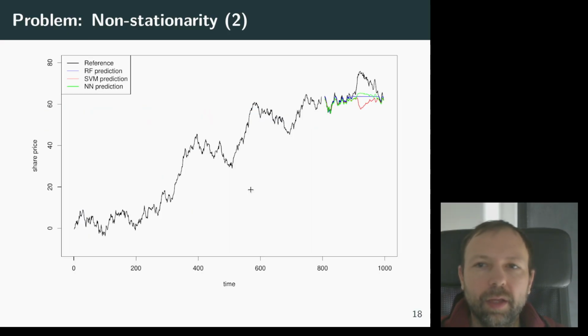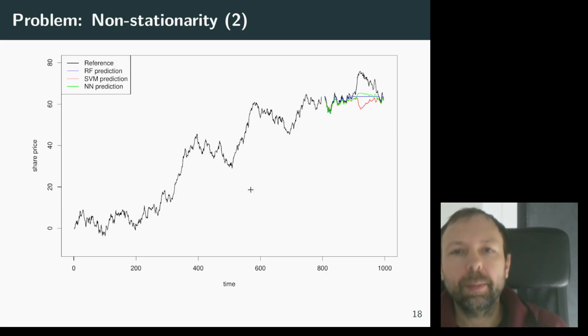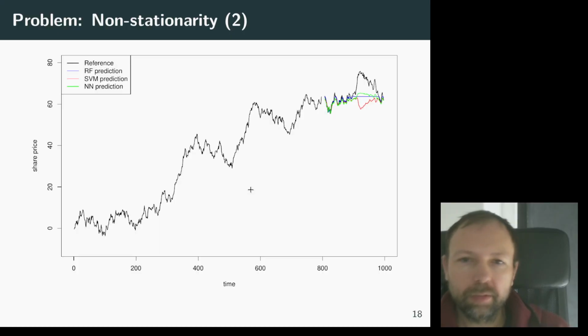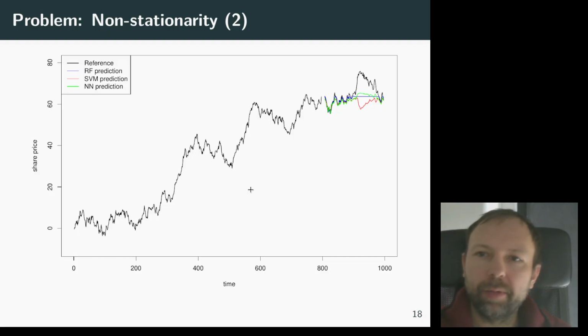Okay, what does that mean? So I have here a nice example of a random walk time series. That has a stochastic trend, and now I just do my windowing. I don't do any pre-processing. I just do windowing, and then I say to the random forest, which is the blue one here, give me a forecast.